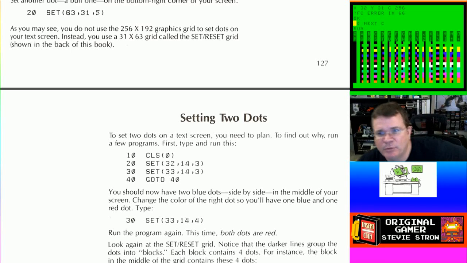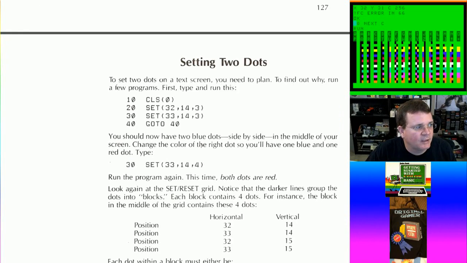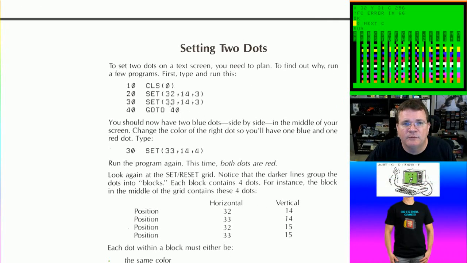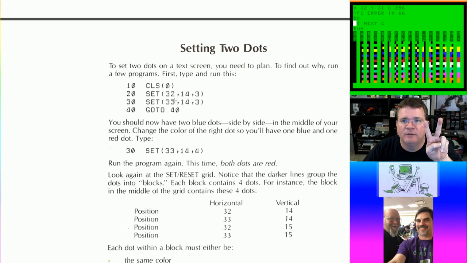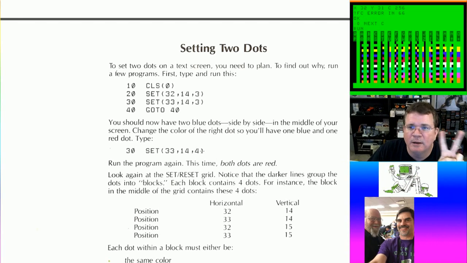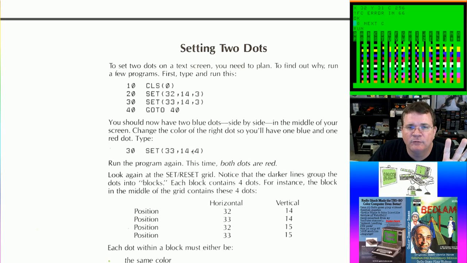So what the demo in the book has us do is try to put 2 pixels next to each other to illustrate that concept. When I put a pixel on position 33 right next to the one on 32, I get a double wide pixel. The minute I change the color to color 4, that second color, because it's in the same cell, hijacks both and turns them both red.